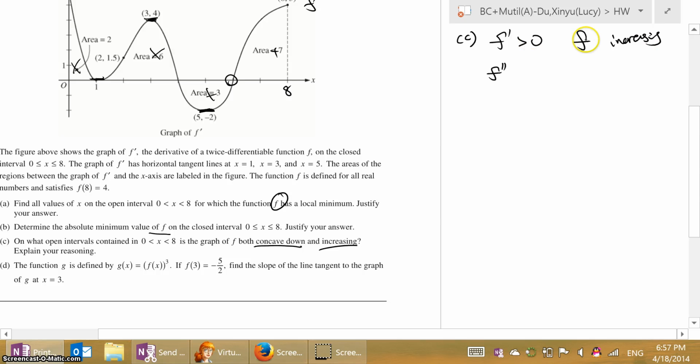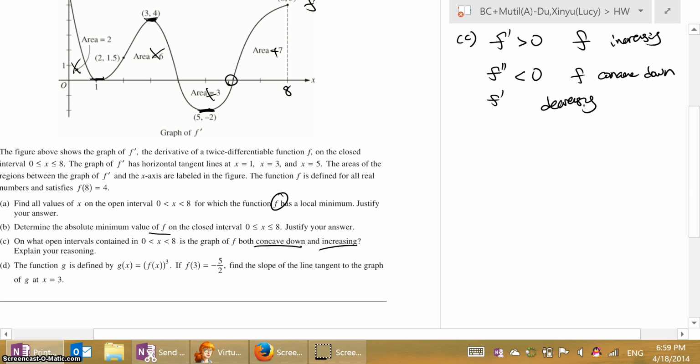And when the second derivative of f is smaller than 0, f is concave down. It is also true that when the second derivative of f is smaller than 0, f prime is decreasing.